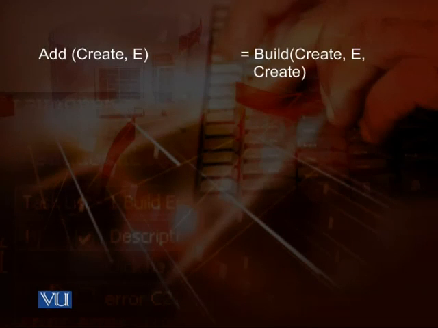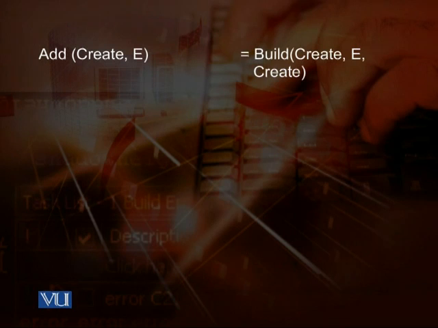When you add the first element into the empty tree, you will create a binary search tree with only one element. That element will have this data E, and the left subtree will be empty, and the right subtree will be empty. So we can write add create E is equal to build create comma E comma create. That is, the left subtree is empty and the right subtree is empty, and we have just one node.